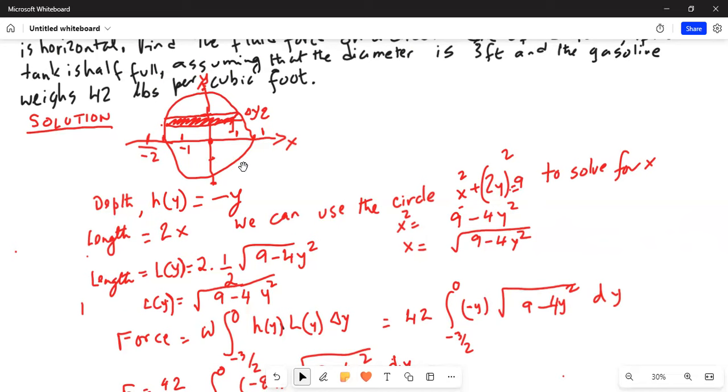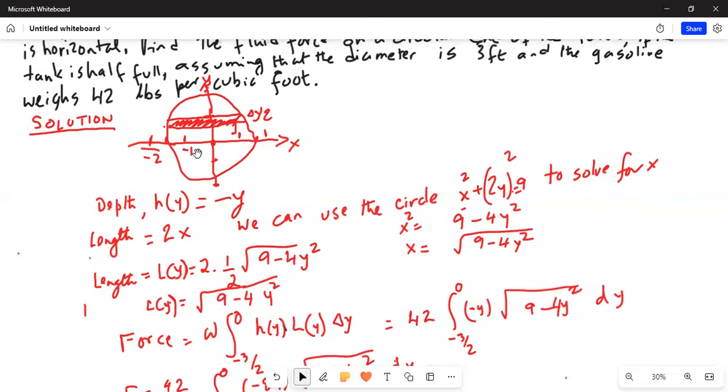Now the limits of integration, because the oil is below the horizontal axis, is from minus 3 by 2. That is minus 1.5, which is the tip of the surface. Remember this is minus 1. Let me write it down.